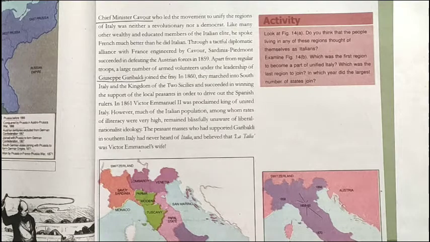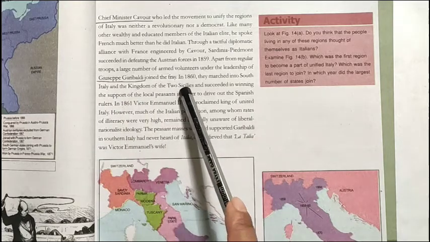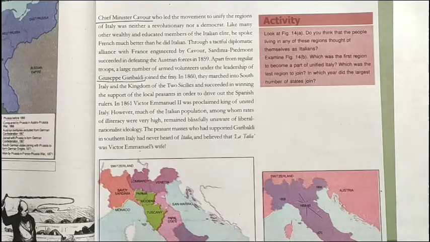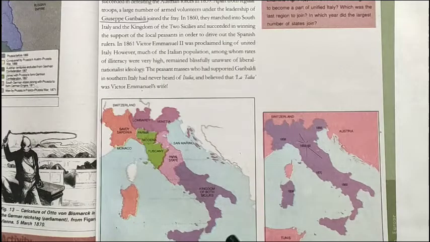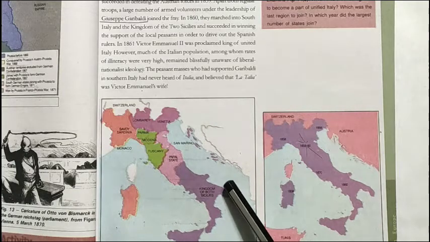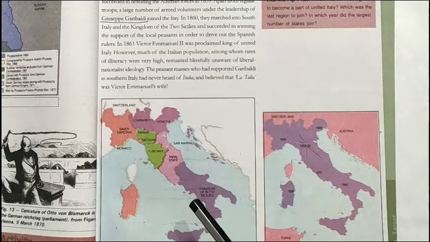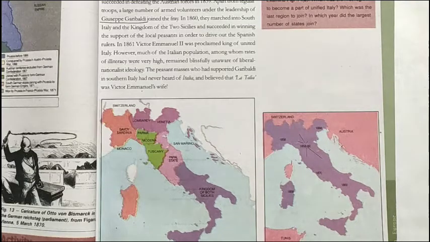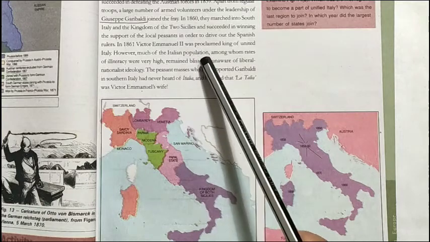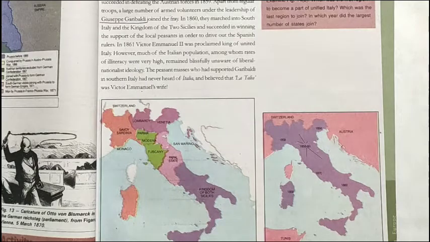In 1860, they marched into South Italy, that is here, and the Kingdom of the 2 Sicilies, and succeeded in winning the support of the local peasants in order to drive out the Spanish rulers. And in 1861, Victor Emmanuel II was proclaimed King of United Italy. So they have won the war.